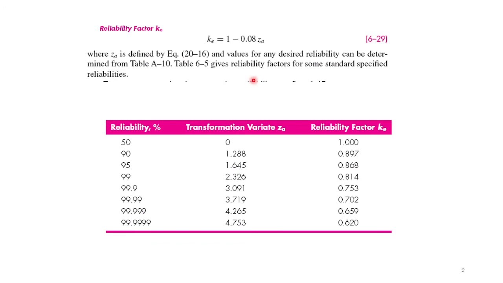Now this is the KE, which is the reliability factor, and for KE to be taken into account, I will have to give you this table. This reliability is related to the type of application. This is an application that is not very crucial, so you don't modify the value of S'_E. KE is 1.